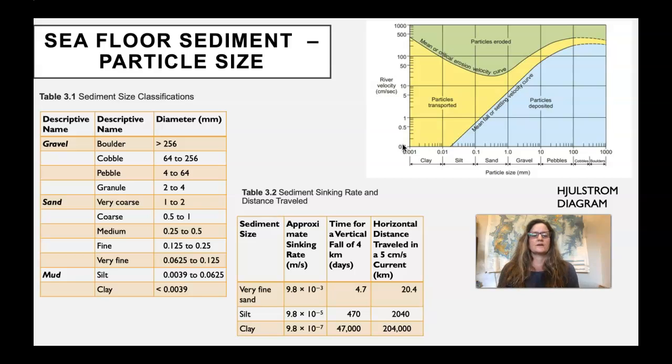So the different colors here: particles eroded, particles deposited, particles transported. We're curious about this transported one here. So it takes a high velocity to move a clay here because those clay particles stick together.